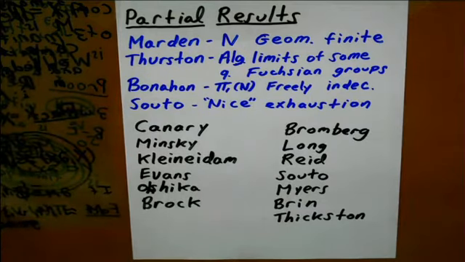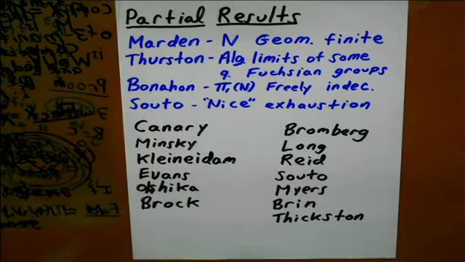Thurston proved it for certain algebraic limits of quasi-Fuchsian groups, and Francis Bonahon showed it when the group couldn't be written as a free product, and Juan Souto for manifolds with nice exhaustions.